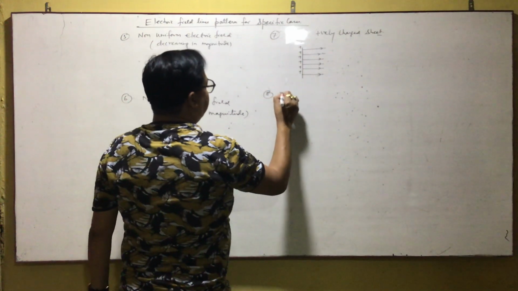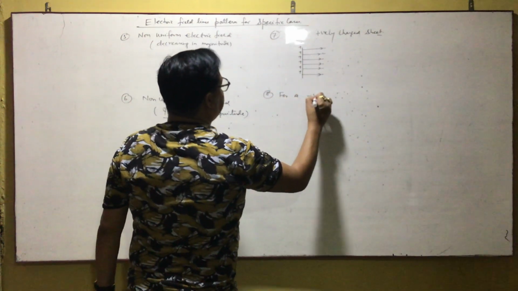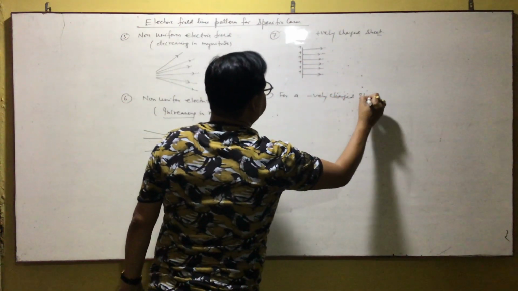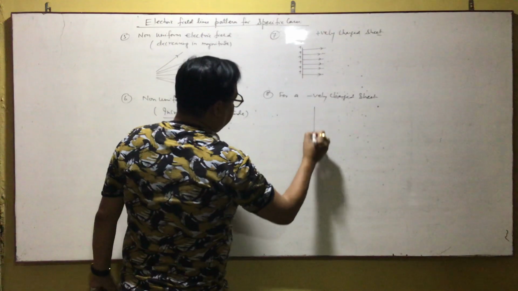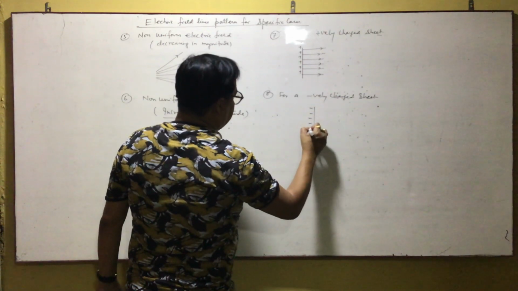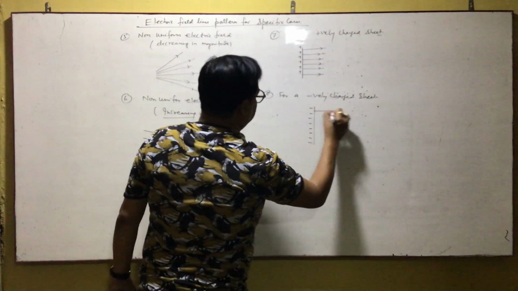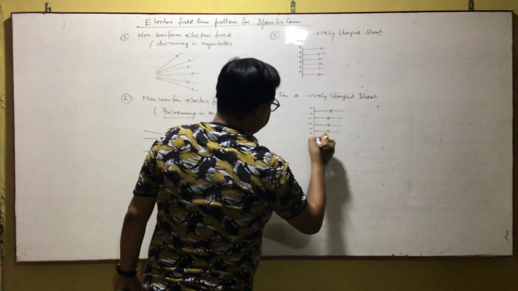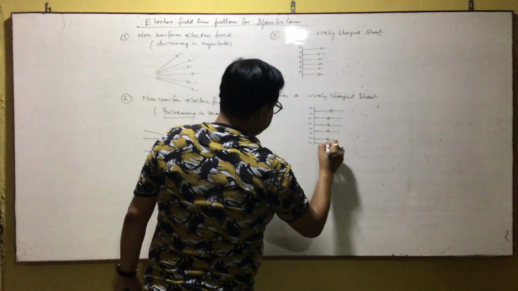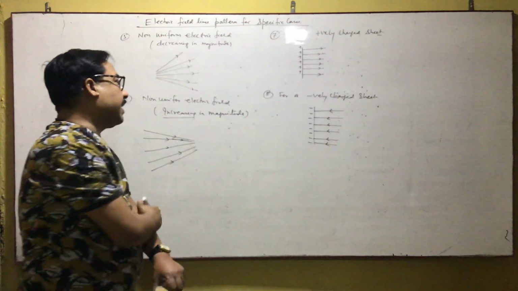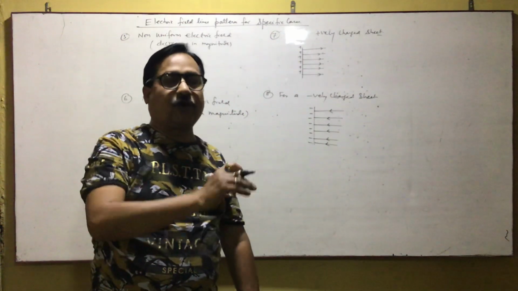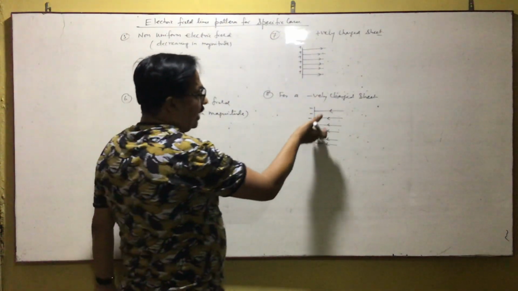And similarly for a negatively charged sheet, in the same manner, the only difference is the lines of force are coming to the plate. As lines are terminating at the negative charge, again normal to the surface, again all lines are shown like this.